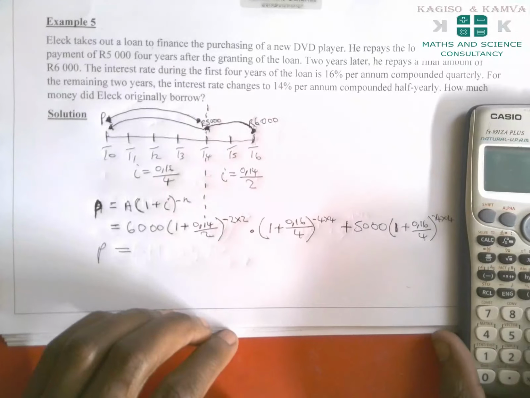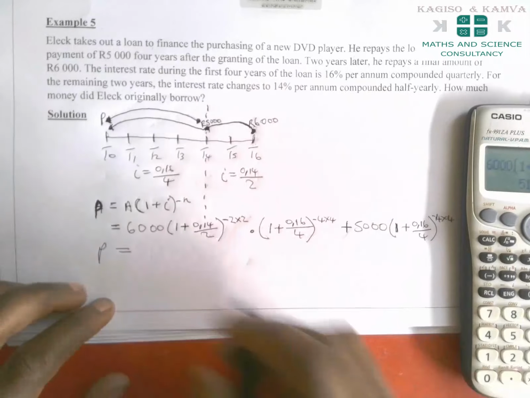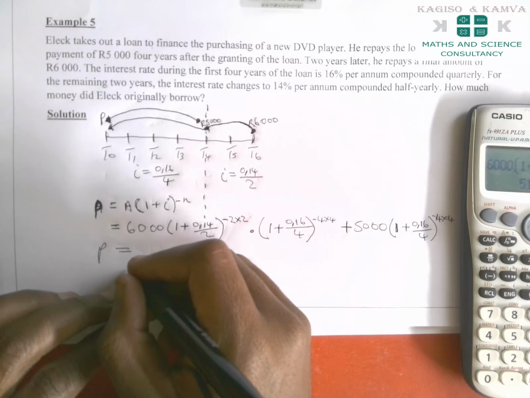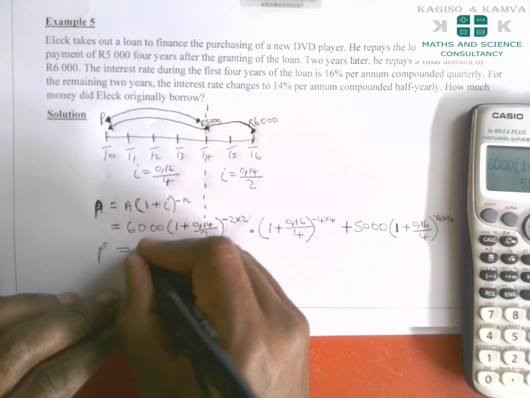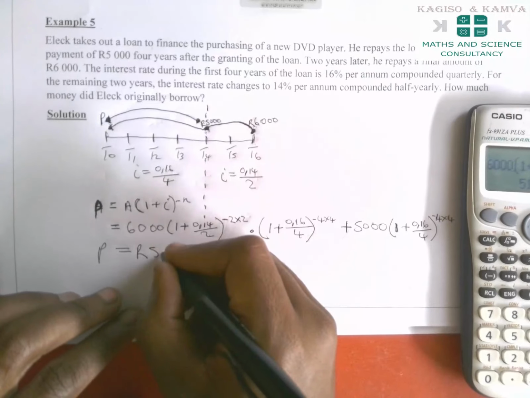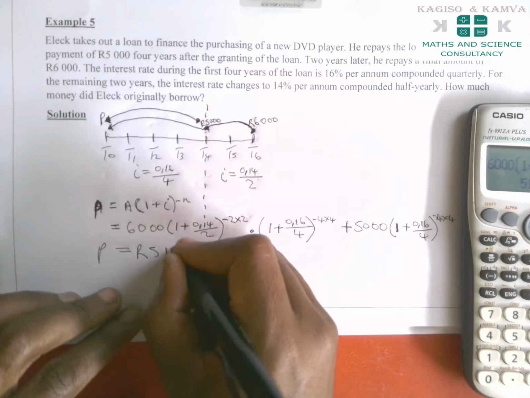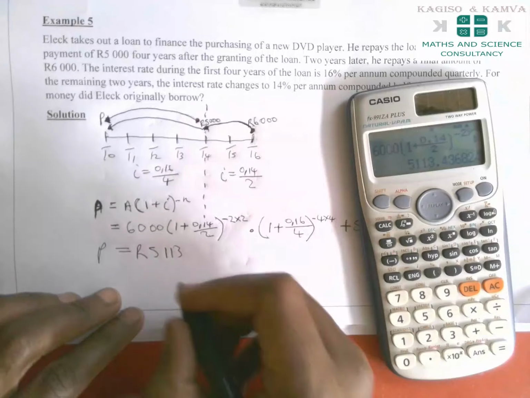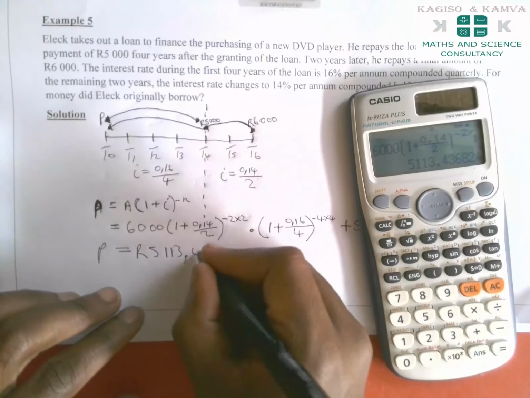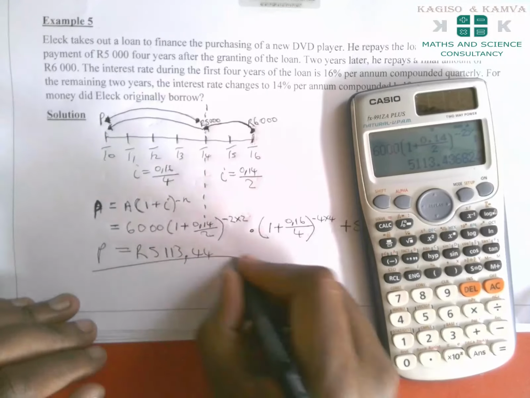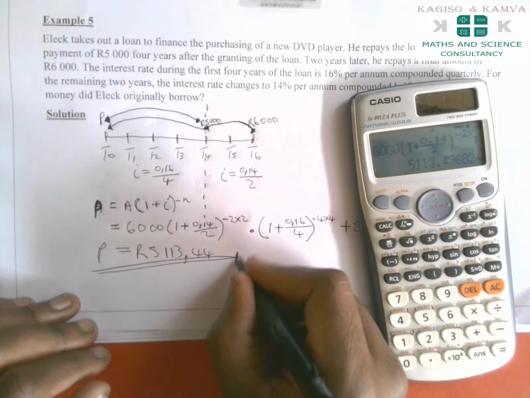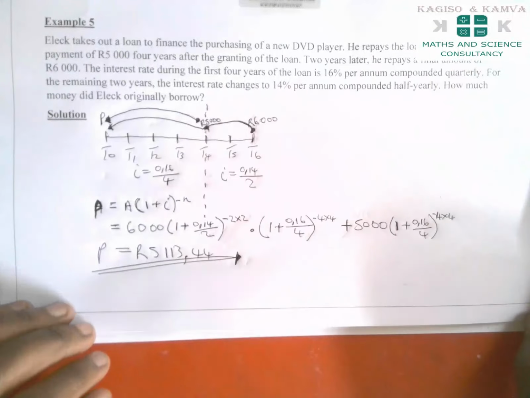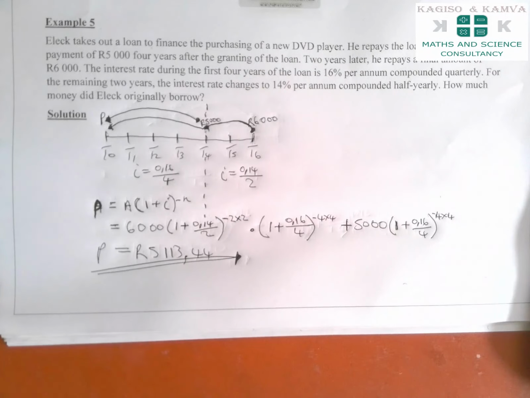Now the loan that was taken by Alec is 5,113.44. This is the money that Alec took from the bank.